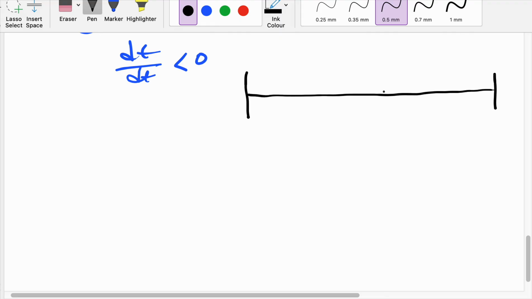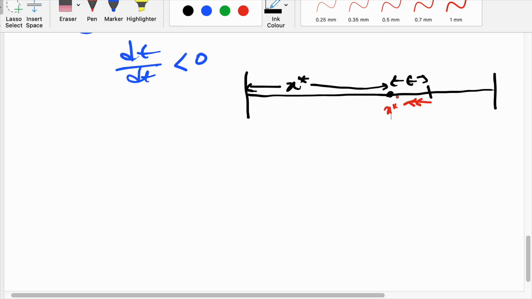So if this is my fixed point, this is x star. Now this is my distance epsilon. Since d epsilon dt is decreasing with time, that means epsilon is decreasing with time, so my system will move in this direction, and at some point it will asymptotically reach this x star point, and when it reaches it, the velocity will change and the system will remain there forever.